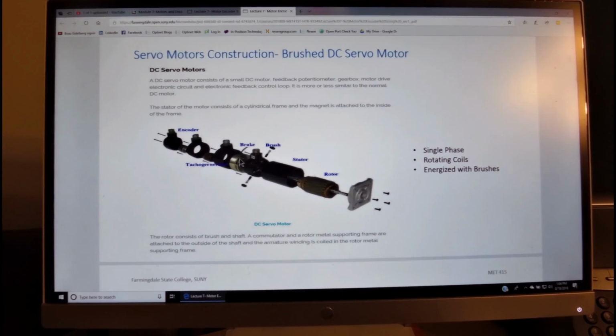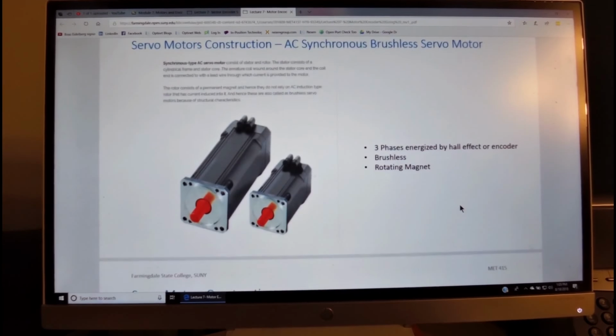Then we have an option of having a brake for the motor and also a tacho generator that feeds back to the controller the velocity of the rotor, as well as an encoder that feeds back the position of the rotor. And in some cases we also have a gearbox, all mounted as an option.